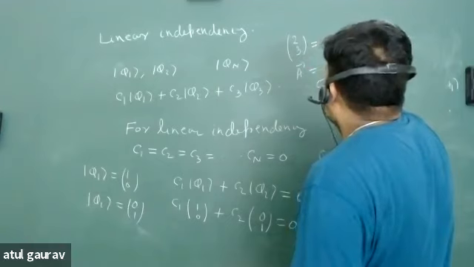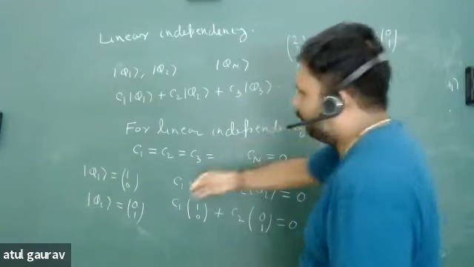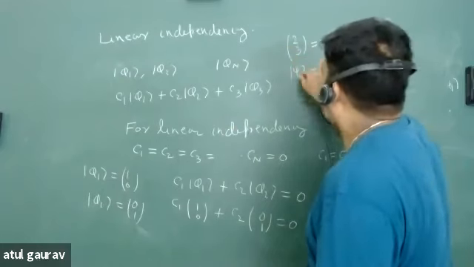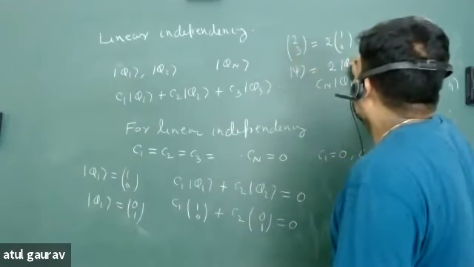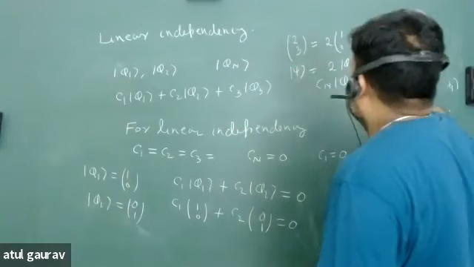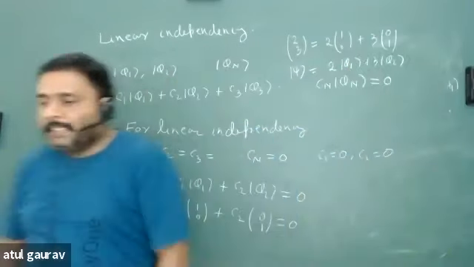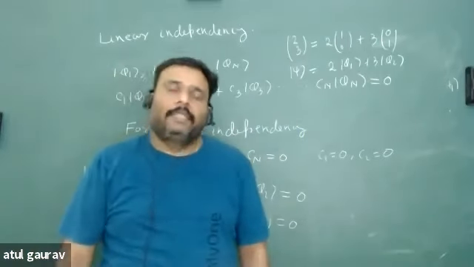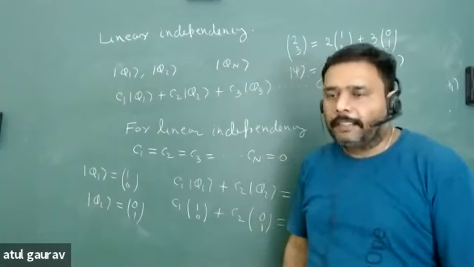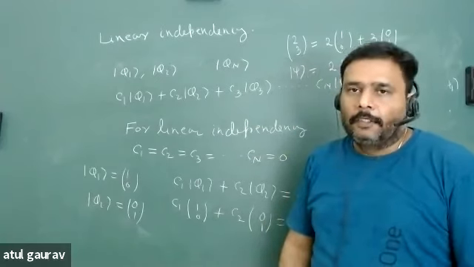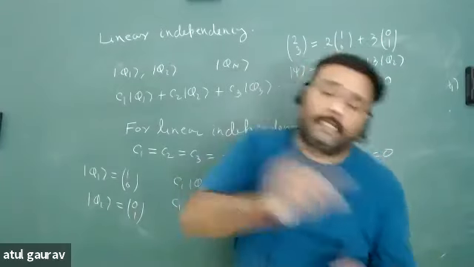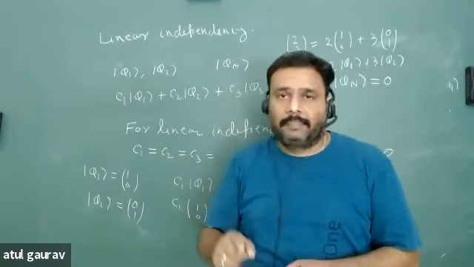Let's say this is psi. So psi is 2 times phi 1 plus 3 times phi 2. Once you get the linearly independent vectors, you can get the basis vectors.